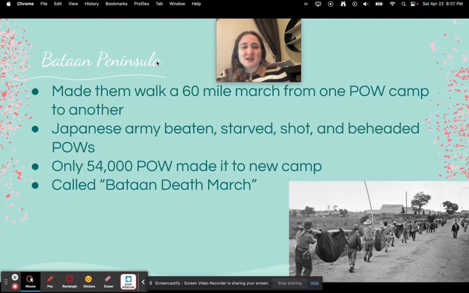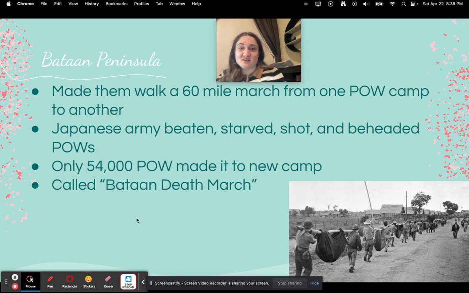And this has become really famous, known as the Bataan Peninsula March or the Bataan Death March. It's where the Japanese made the prisoners of war walk a 60-mile march from one POW camp to another. Along the way, Japanese armies beat, starved, shot, and beheaded prisoners of war. And then only 54,000 prisoners of war actually made it to the new camp.